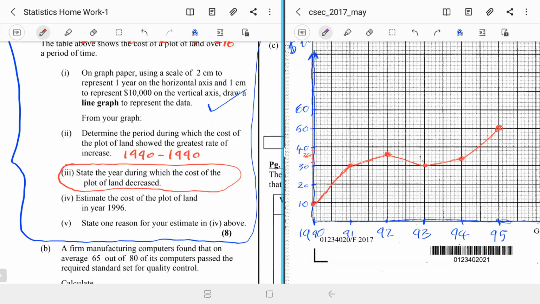Come on, students. During which year? Which year did the plot of land decrease? 1993. 92, sir.